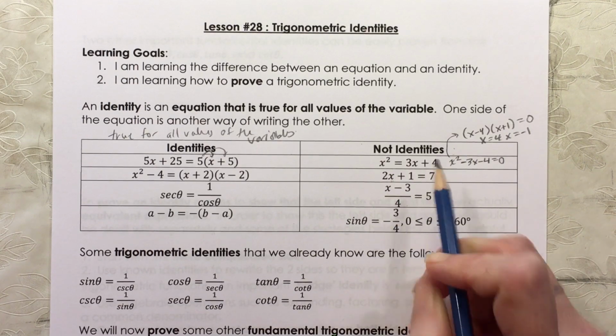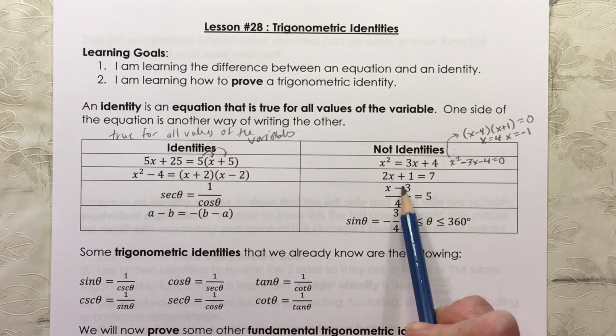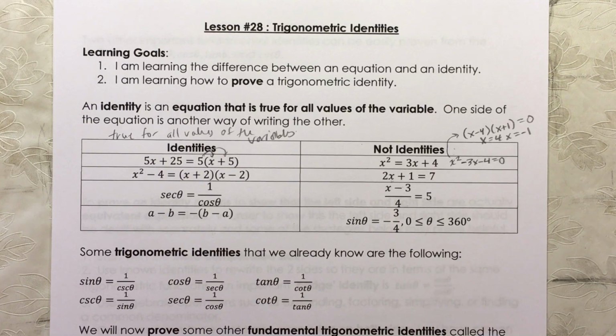So if x is 23, 23 minus 3 is 20 divided by 4 is 5. So it only works when x is 23. And sine theta is negative 3 over 4 for angles between 0 and 360. We just learned that with the CAST rule. We could find the two angles that would make this equation true. So it would only be true for two values.